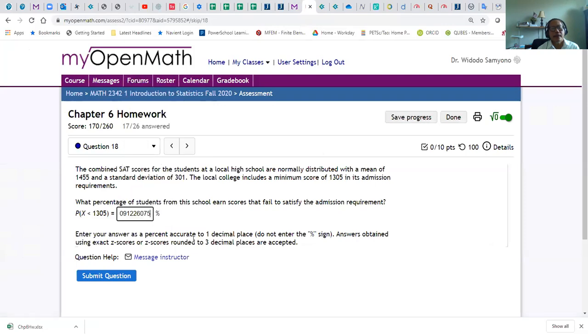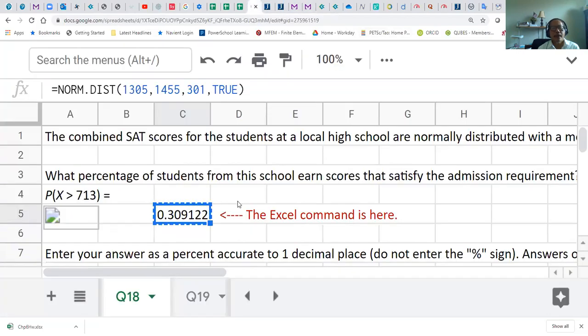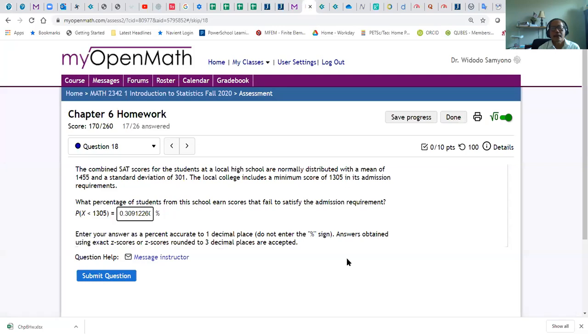As you multiply by 100, the answer will be 30.9 with one decimal place.